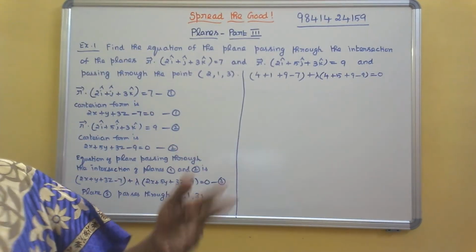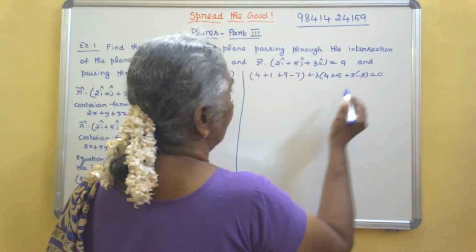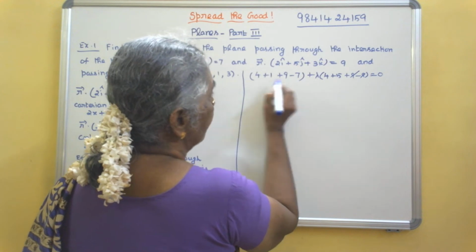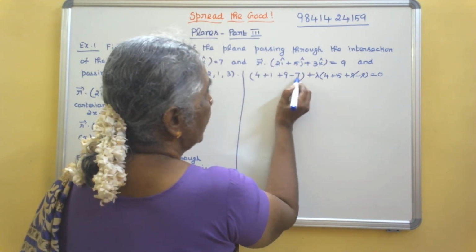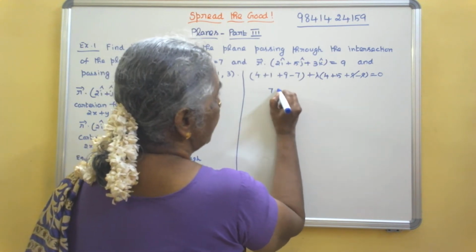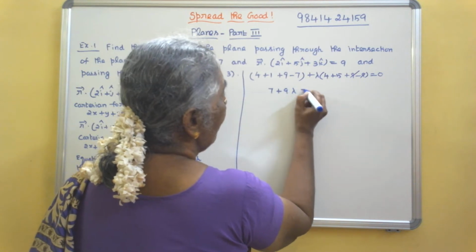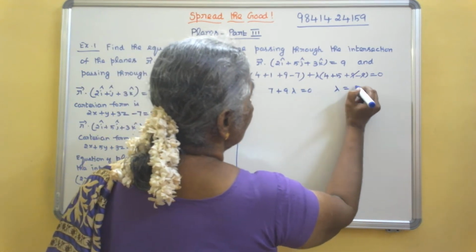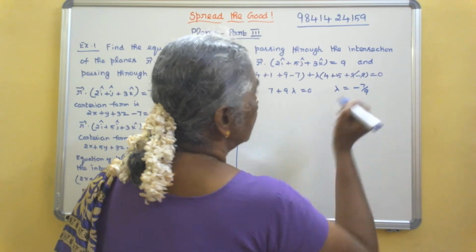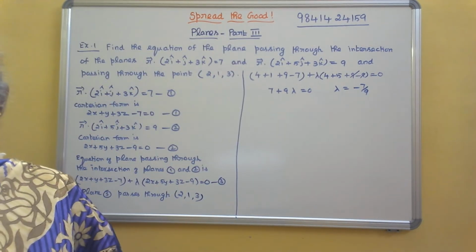The plus 9 and minus 9 you can cancel here. So what will you get here? You will get 14 minus 7, so 7 plus 9 lambda is equal to 0, which gives you lambda is equal to minus 7 by 9.